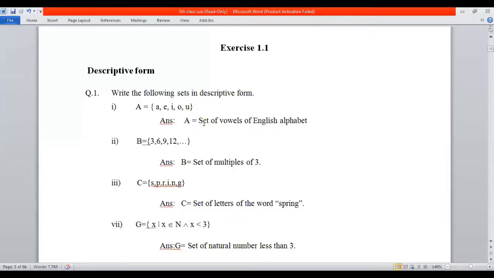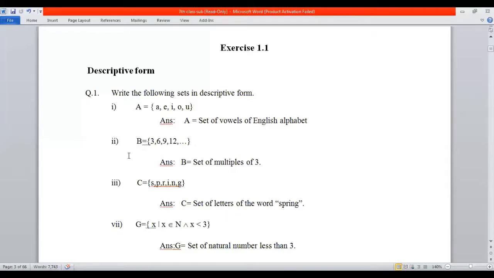A equals the same name, which name is given in the question, the same name we will give in descriptive form. A is the set of vowels of English alphabets. You know that A, E, I, O, U are the vowels of the English alphabet. So in descriptive form, we write the same set in the form of a statement, set of vowels of English alphabets.